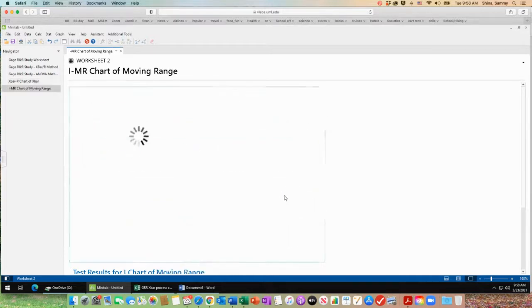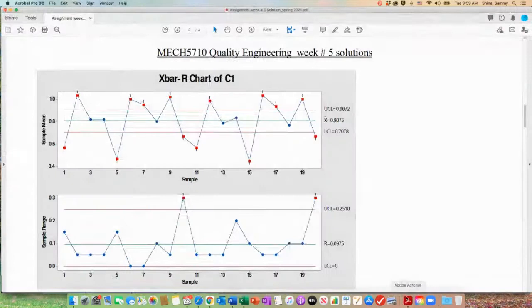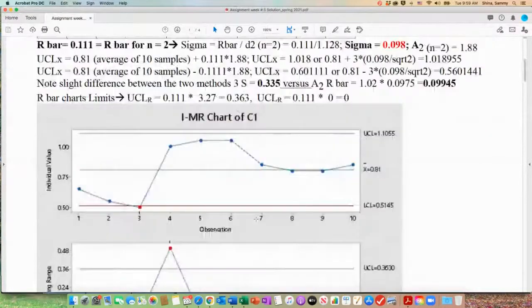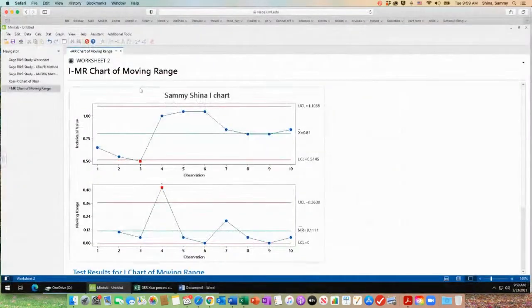And we go, OK. I plotted the I chart. So very straightforward. It looks exactly the same as we did it in the homework, where you can do I or you can do moving range. You're going to get the same exact data with an average of 81 and a moving range of 0.111. Let's go back to Minitab.